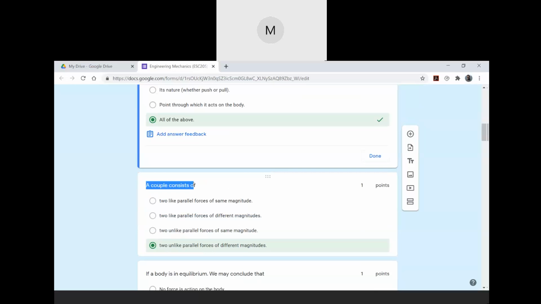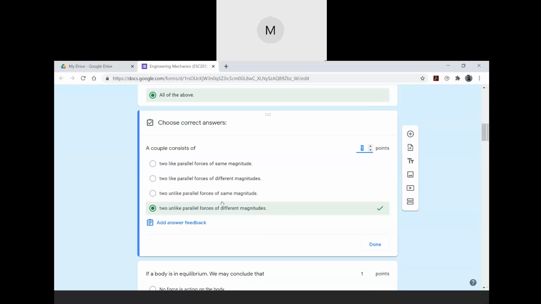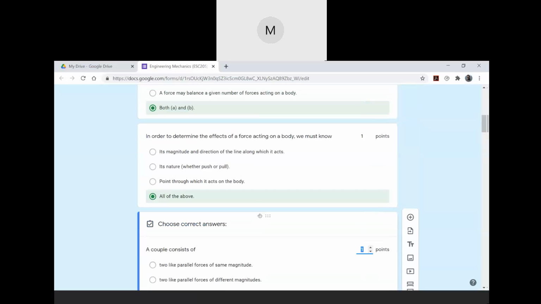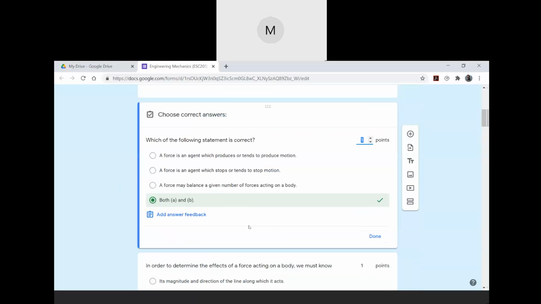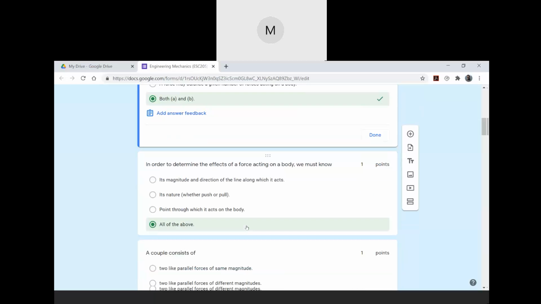Okay, after that, this one is finished. Next we got to what? In order to determine the effects of a force acting on a body, we must know.